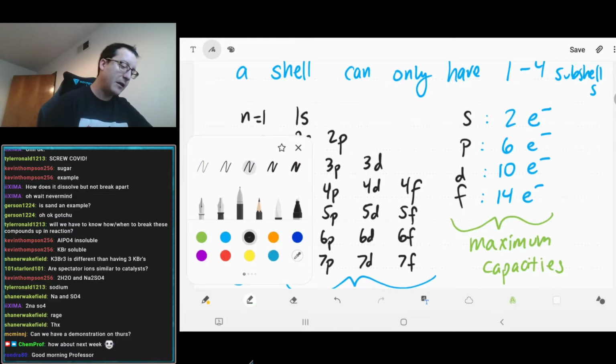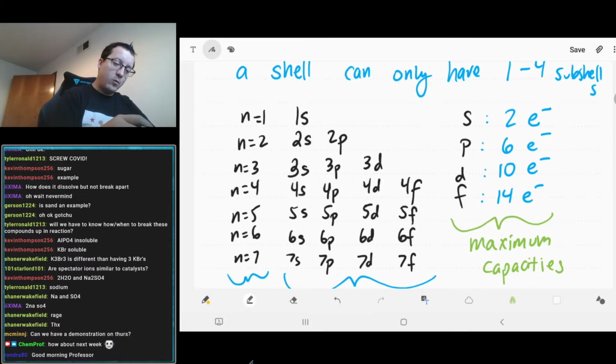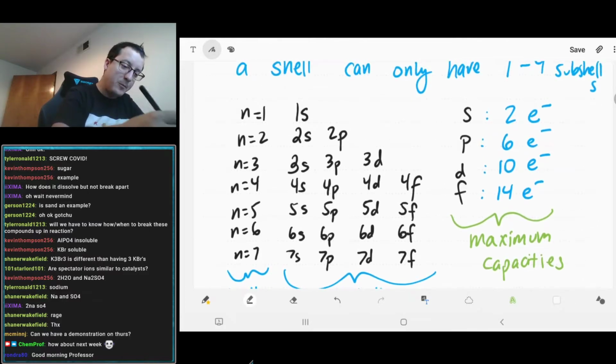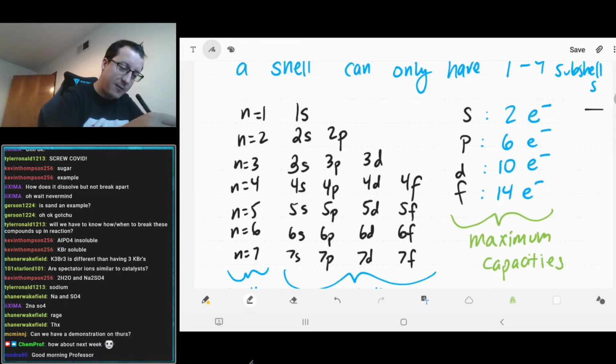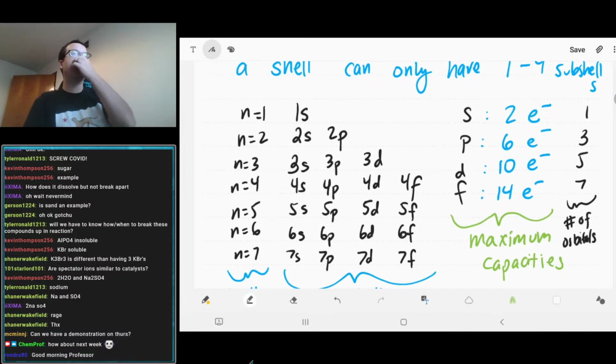And just to throw another wrench into this glob of verbiage and new words, we have what are called orbitals as well. The subshells and orbitals are very closely intertwined. I'm out of space here, but I'll just write them. This glob here is the number of orbitals. And we're going to see what those look like in a little bit.